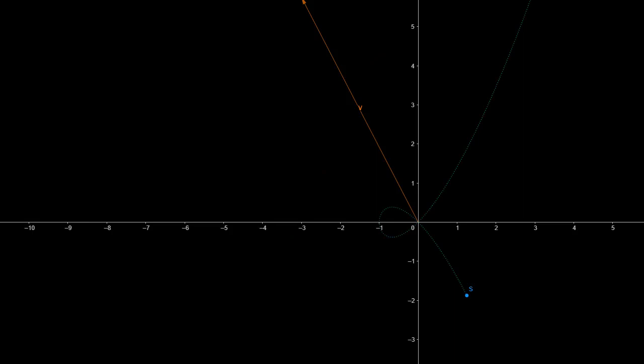Now I want to just look at the derivative of r, the vector v, and to show that in standard position, it doesn't really show us very much.